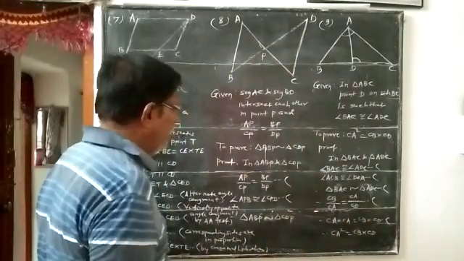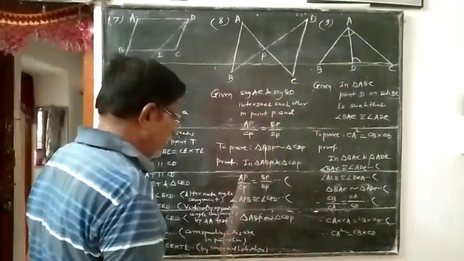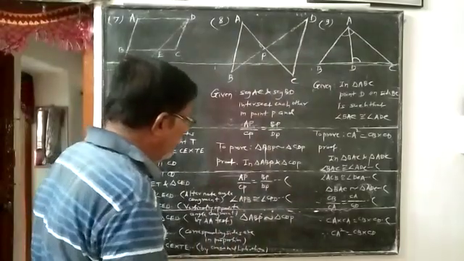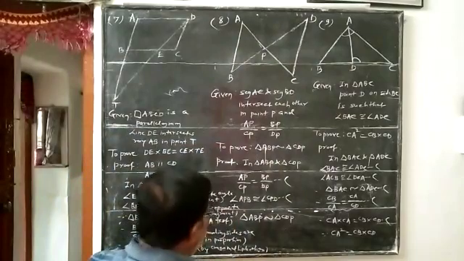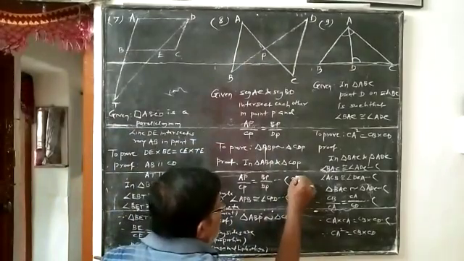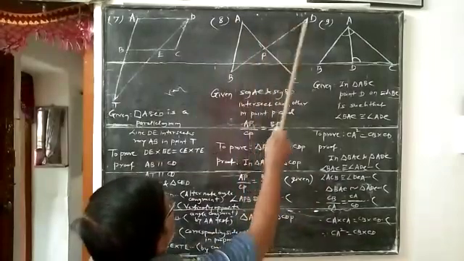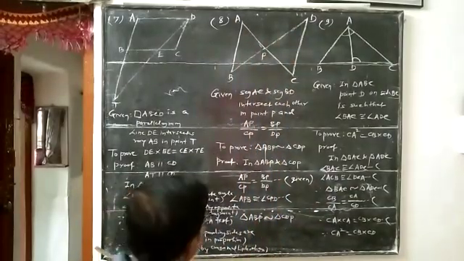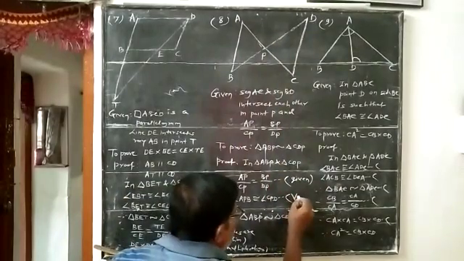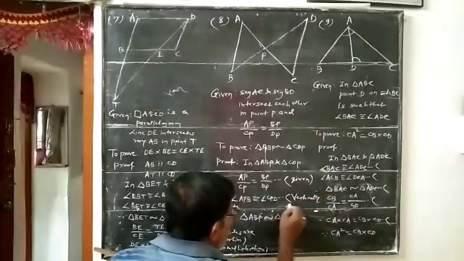Take the proof. In triangles ABP and CDP, these two ratios are given equal: AP upon CP is equal to BP upon DP. When two lines intersect each other, vertically opposite angles are congruent. Angle APB is congruent to angle CPD, vertically opposite angles.